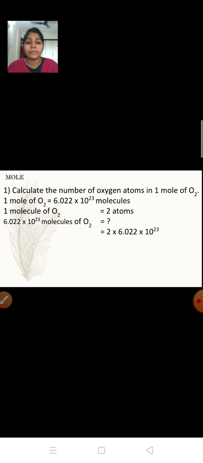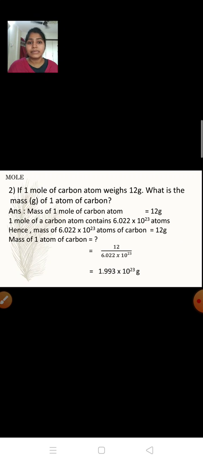So 2 into 6.022 into 10 raised to 23. As we solve it, we get the answer as 12.044 into 10 raised to 23 oxygen atoms. Is it clear? Easy. So in this way, you'll calculate the number of oxygen atoms present in 1 mole of oxygen molecule. Fine. Now I'll go to the next sum.